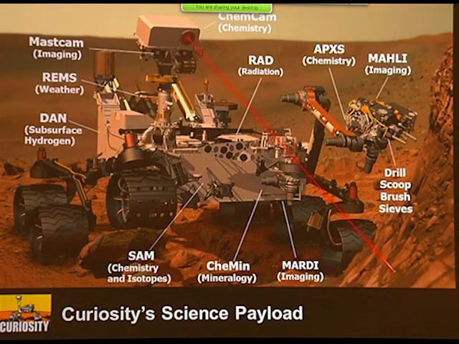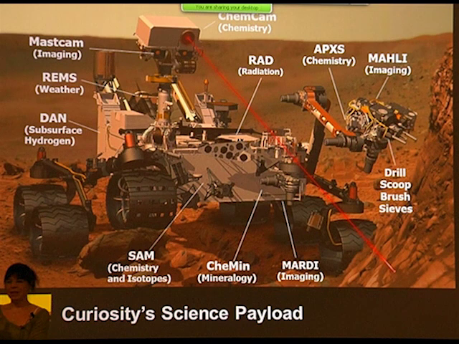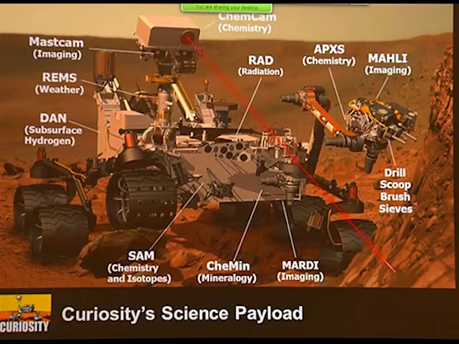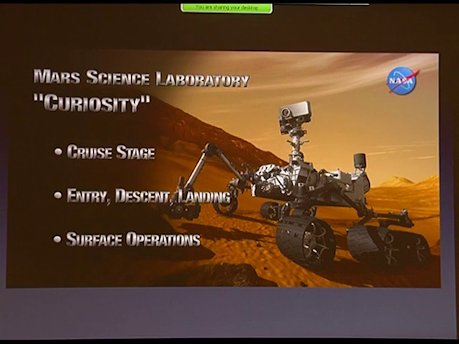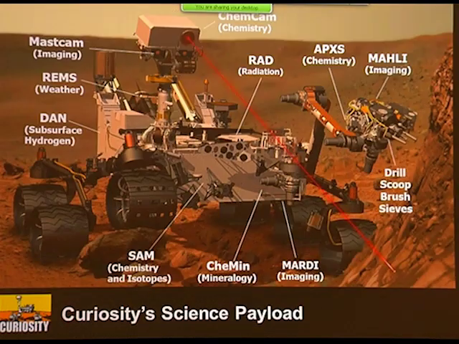This is accomplished by a suite of 10 instruments. This truly is a roving science laboratory. This is a huge amount of payload that we sent. Here is a quick depiction of all the different instruments on board MSL, and we'll talk about each of these in the future.